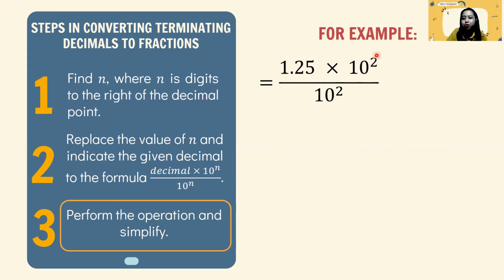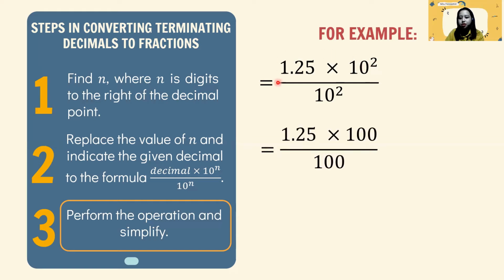So with an exponent of 2, the 10 is used two times as a factor. Simplifying 10 raised to 2, we have 10 times 10, or 100.